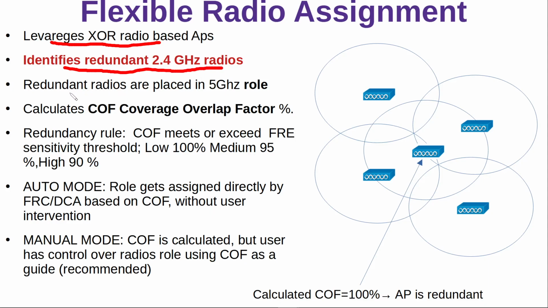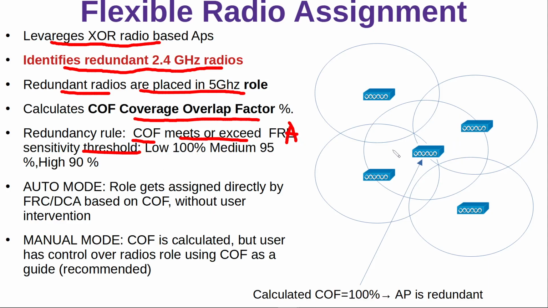When it finds a redundant radio, it will place this radio into 5 GHz role. In order to do this, this feature will calculate something that is known as COF, or coverage overlap factor. So when the calculated COF meets or exceeds your FRA threshold, that radio is considered to be redundant.